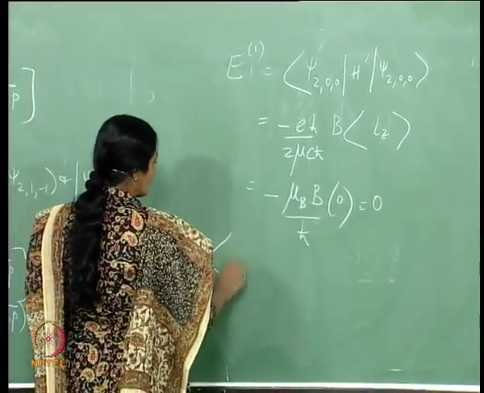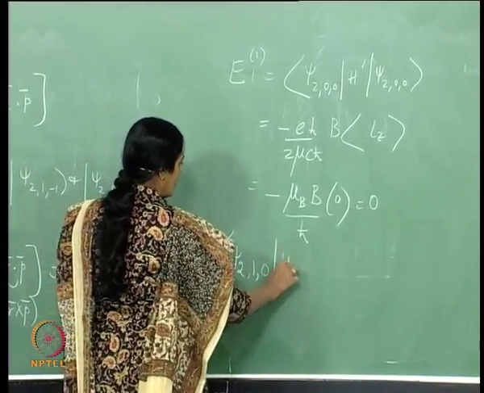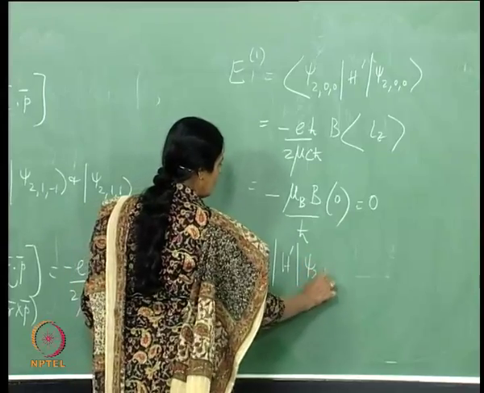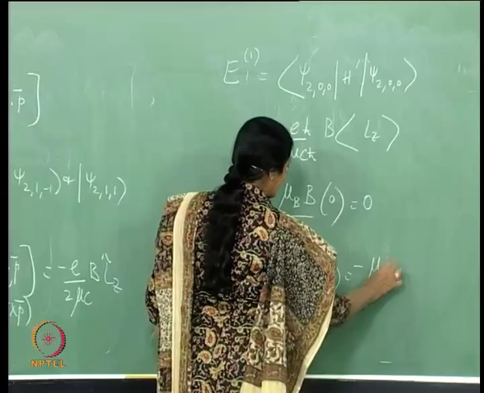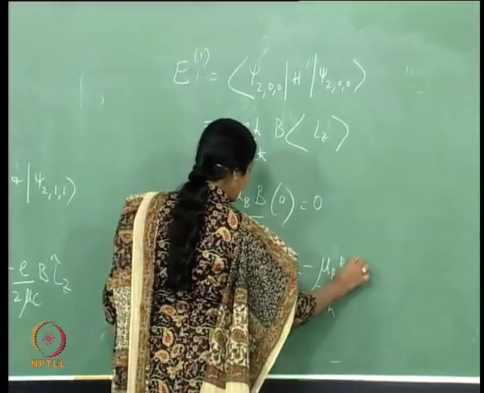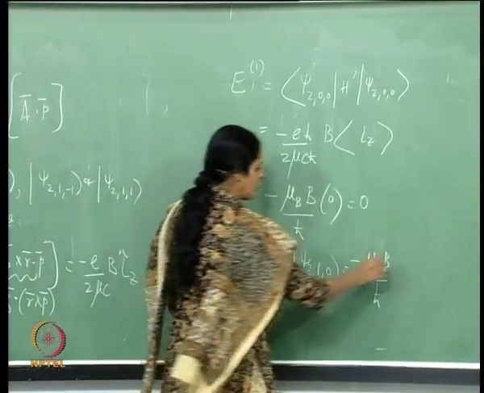Now if I consider psi 2 1 0 H prime psi 2 1 0, by a similar token I get minus mu b by h cross times 0, because the m value is 0.